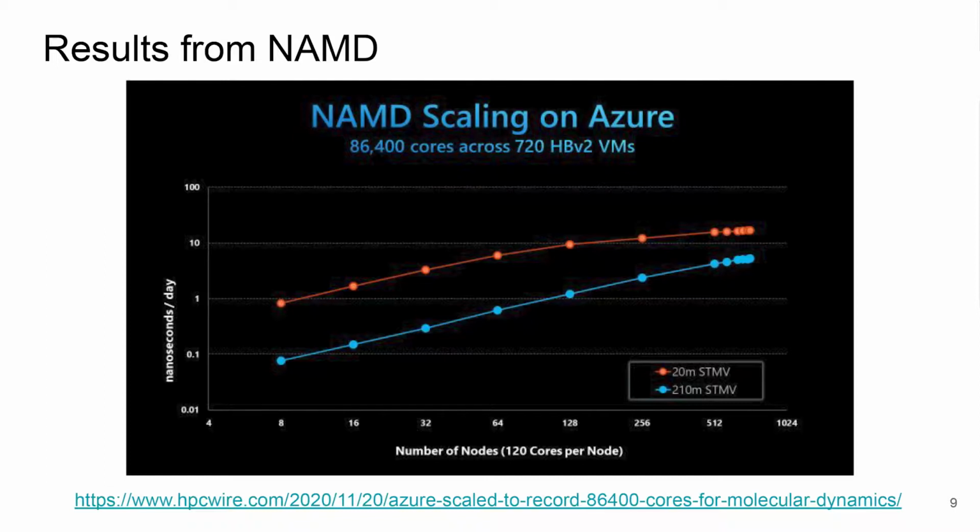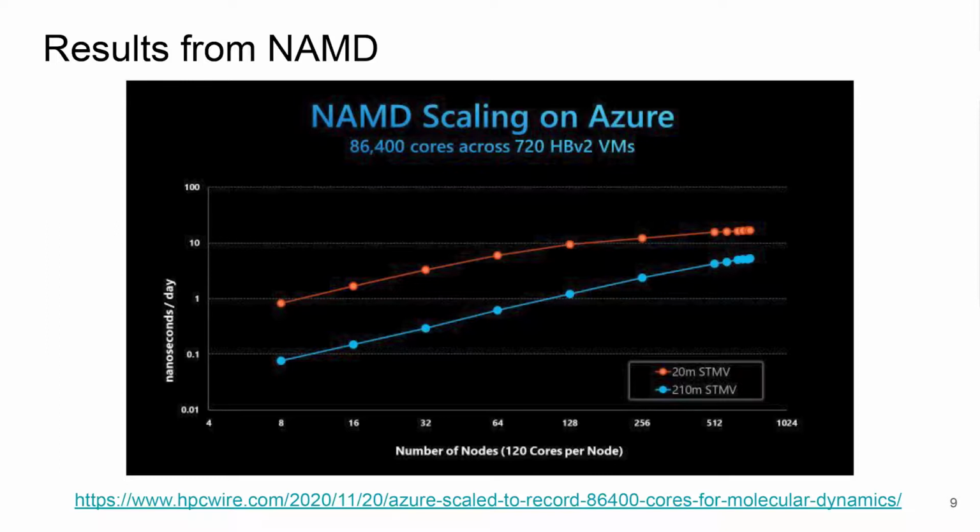We also tried, and these plots are from the NAMD group and the experiments were also conducted by them, another scaling effort on Azure Cloud, where each node had 120 cores, and a similar plot of scaling the 20 million and the 210 million atom system.